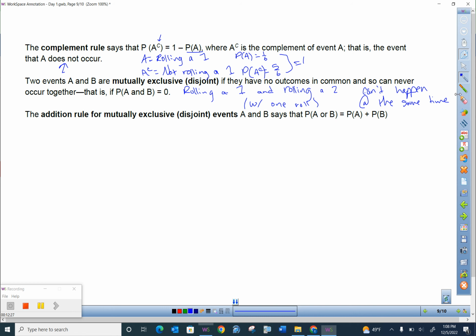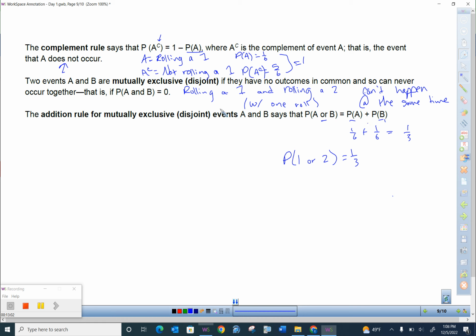And if we have events that are mutually exclusive, then to find the probability of 2 things happening, we could add them together. Okay? So when we want to find the probability of A or B happening, I mean we could roll a 1 or roll a 2, you would just take your 1/6 plus 1/6. 2/6 is 1/3, and say that the probability of rolling a 1 or a 2 is 1/3 in 1 roll of the die.